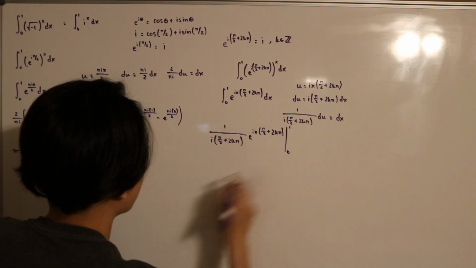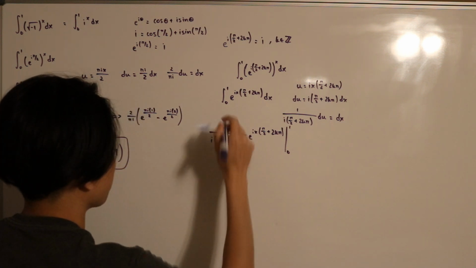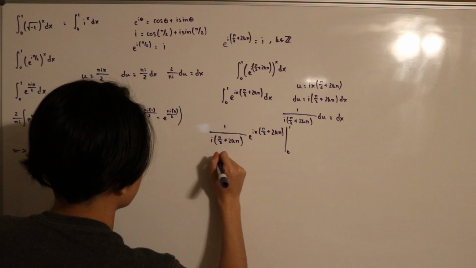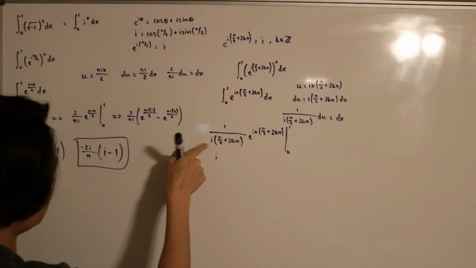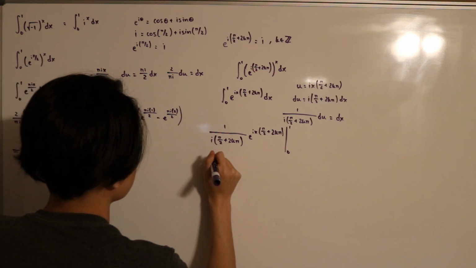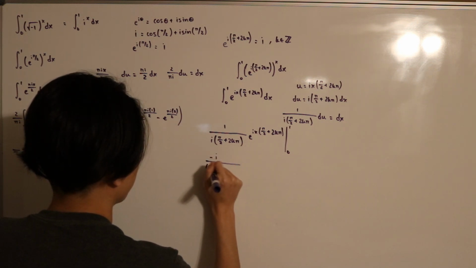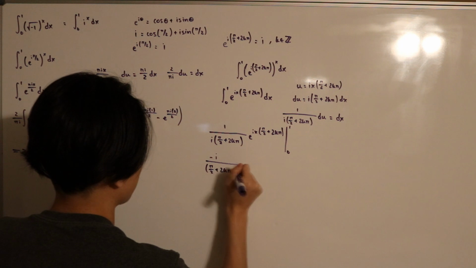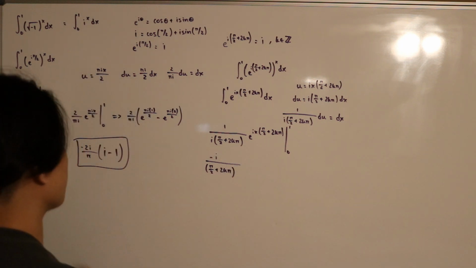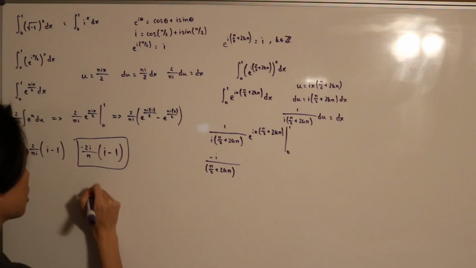So if you multiply by i, the i is at the top, and then multiply again, i squared is negative, so that means negative i, then divided by 2 plus 2k pi. Let's get a common denominator.